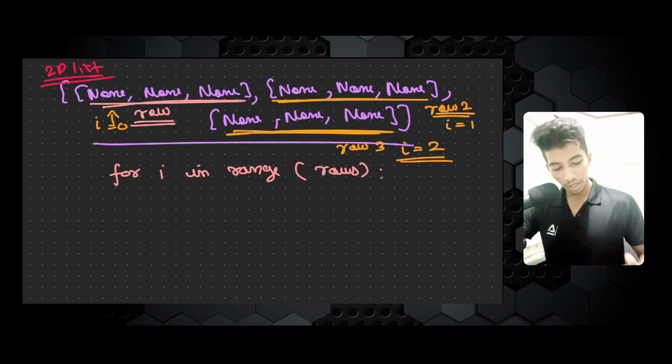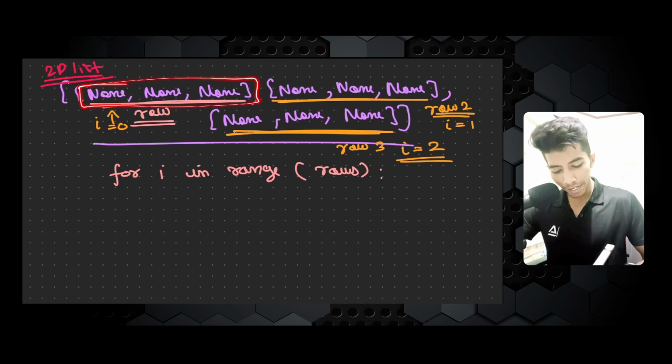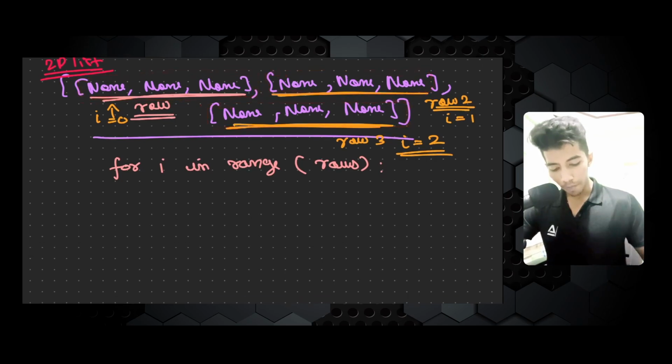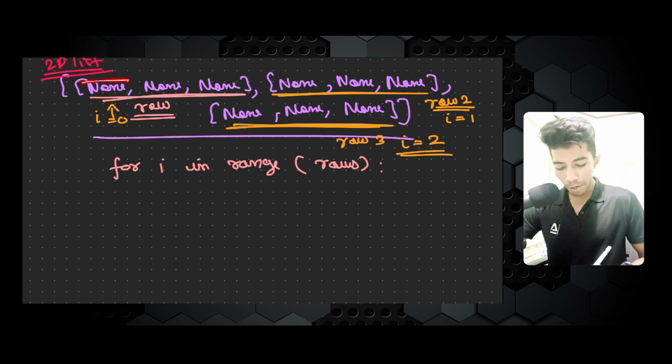Now we will create one more loop, because right now by using this for loop we are iterating this particular block by one. To iterate over the values inside it, this particular list contains these 3 values. So how will we access it?